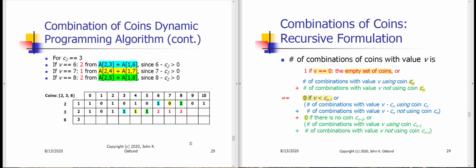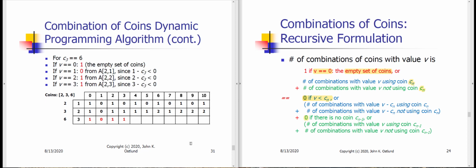And I won't belabor marching through this. We're just adding up cells as we go. Now, if we have a coin whose value is 6, if we add consideration of that coin, then for all of these possible values, 0 through 5, we can't use this coin 6.